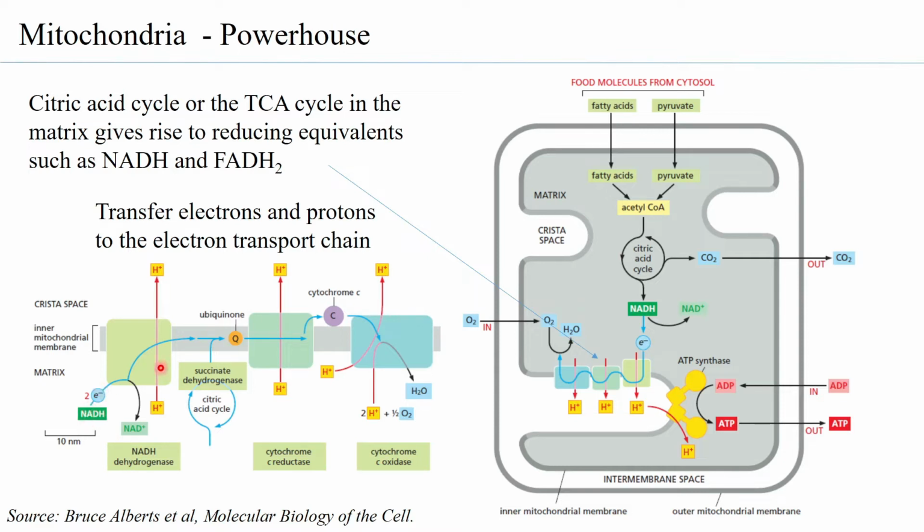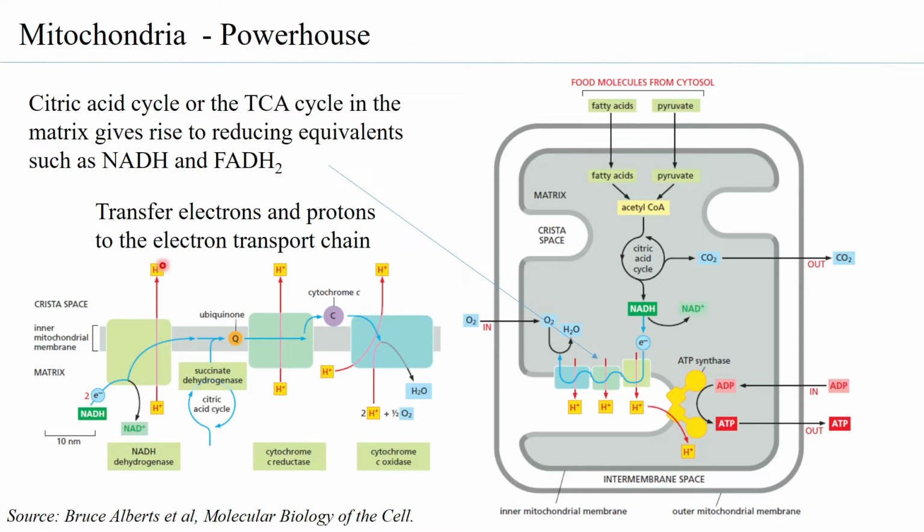Okay. Now this complex 1 also has a proton pump, and as it accepts electrons and transfers them, it also throws out a proton from the matrix to the intermembrane space. Now we all know that the inner membrane is impermeable to ions.